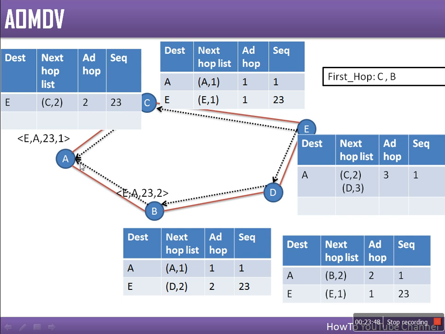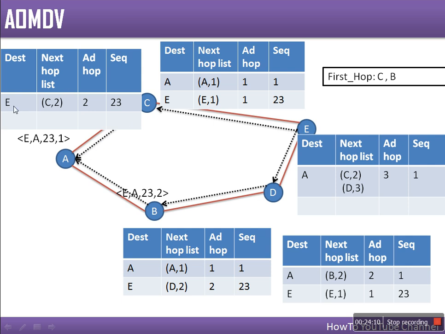and now what will happen when a node receives multiple route advertisement packets? Route advertisement packets include route reply packets and route error packets. So when a node receives multiple route advertisement packets, in this scenario this node first receives this packet.